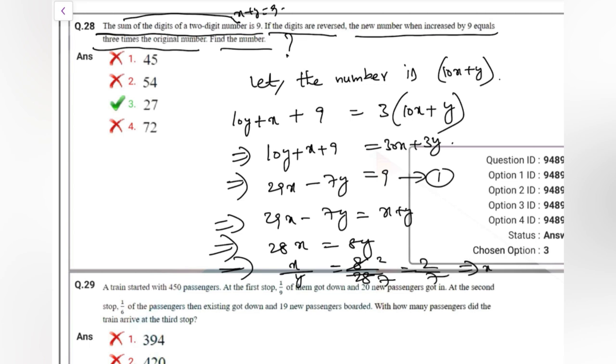So, x is equal to 2 and y is equal to 7. Therefore, the number is equal to 10x plus y, which is equal to 10 into 2 plus 7, which is 27. So, option 3 is correct.